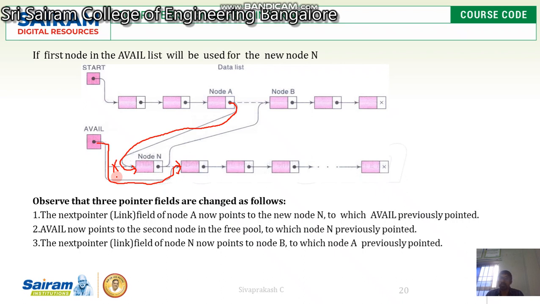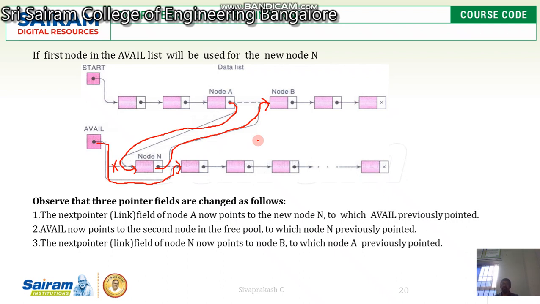Now what happened with the pointer for the new node? Look at this part. The next pointer field of node N now points to node B. Look at this. It has to point to the node B. So three changes have happened when I inserted. Let me repeat.